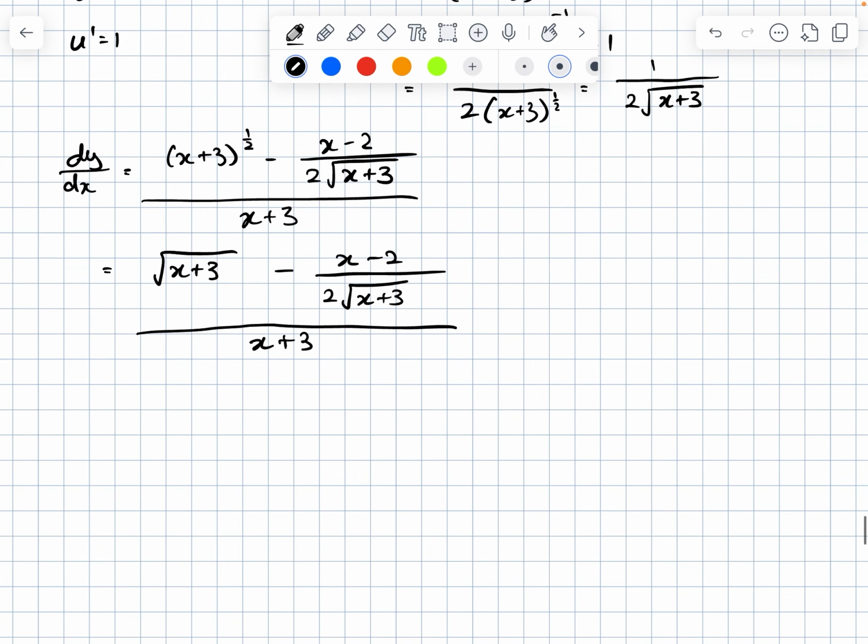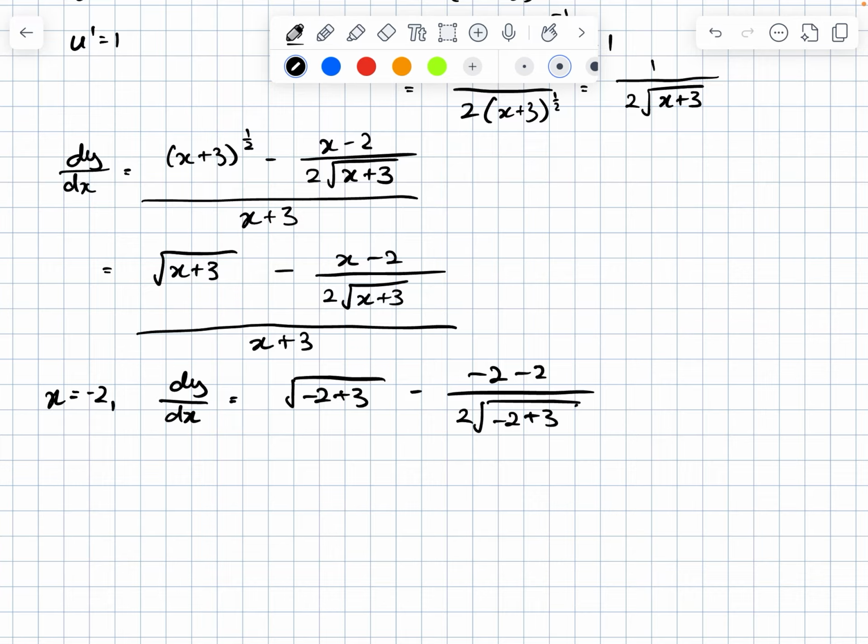So at x equals negative 2, dy/dx equals the square root of negative 2 plus 3, minus negative 2 minus 2, all over 2 times the square root of negative 2 plus 3, all over negative 2 plus 3.